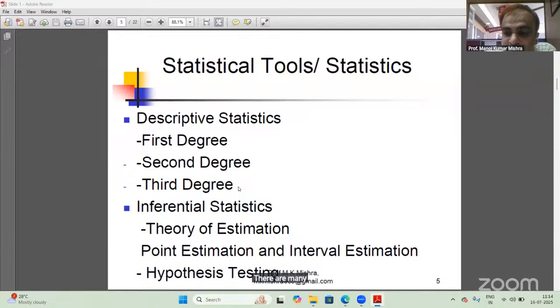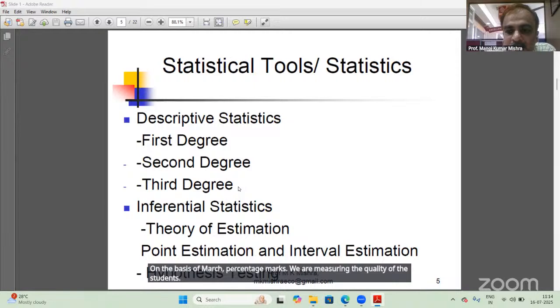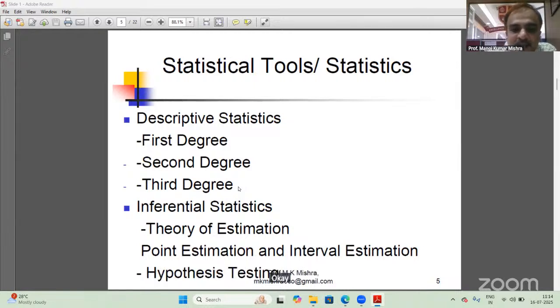There are many parameters. Suppose our parameter is percentage marks. Then mean means the summation of the marks of all students divided by the number of students. Suppose the mean mark is 70.